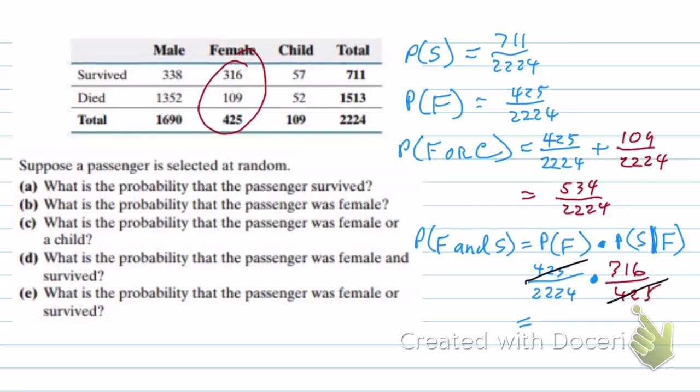I can leave it 316 over 2224. Let's reduce that. 79 over 556. Thanks. If I wanted a decimal, I could divide that out.